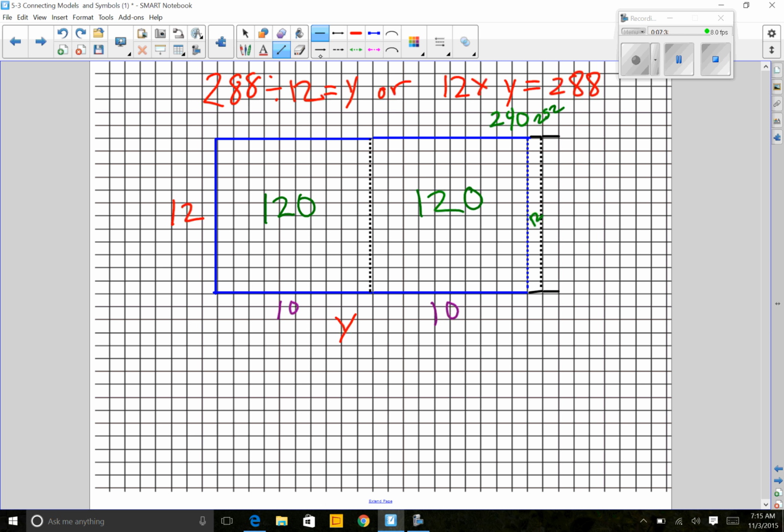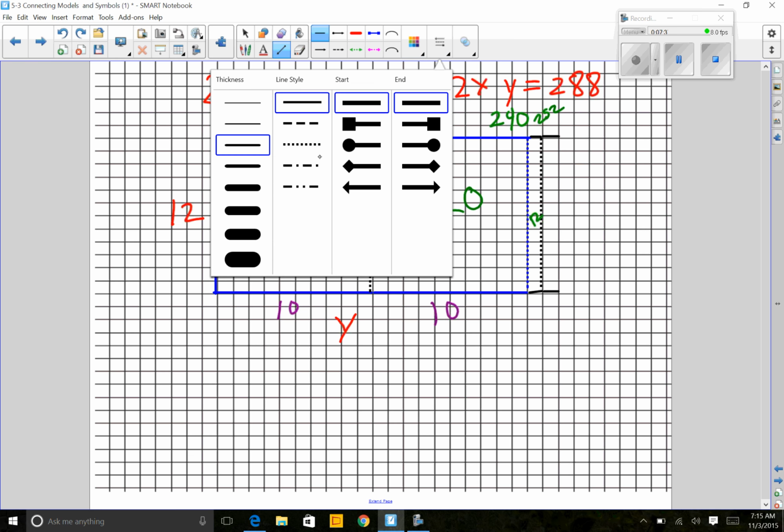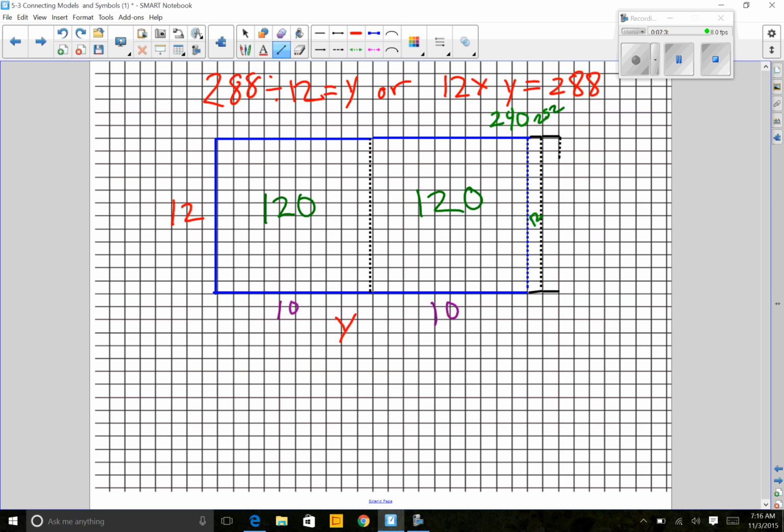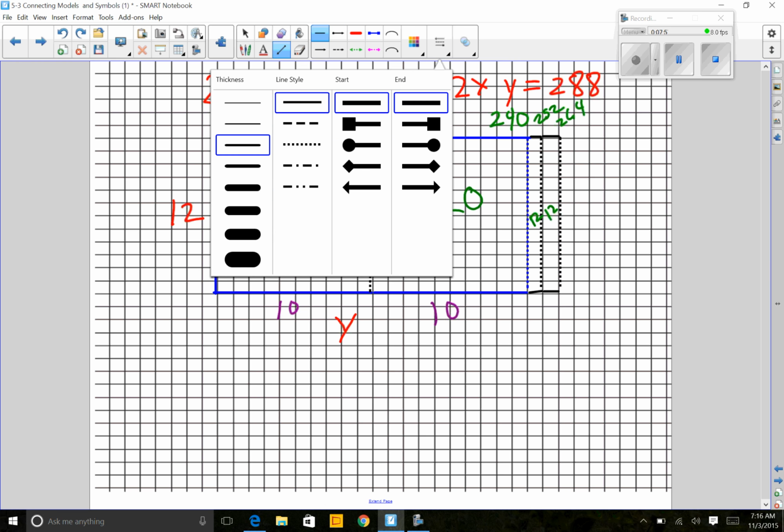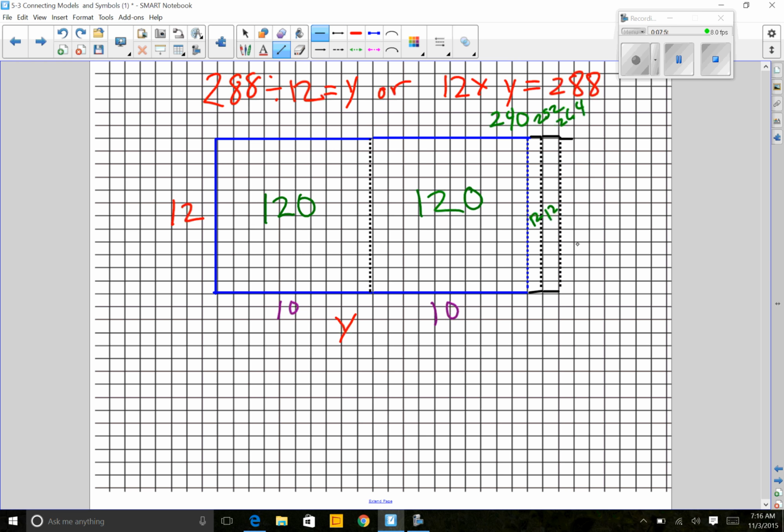Which will give us another 12 more, which will get us up to 264. And break off another 10 more.